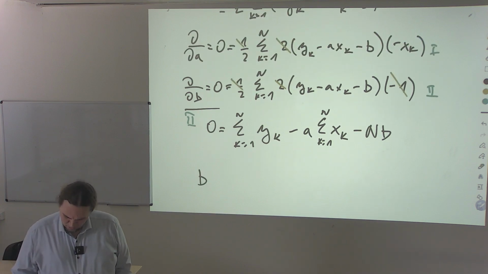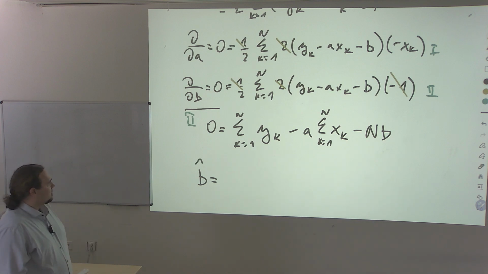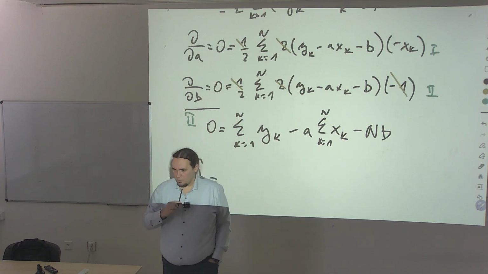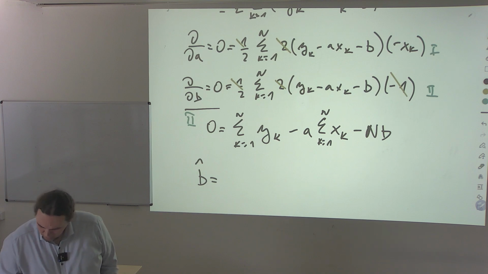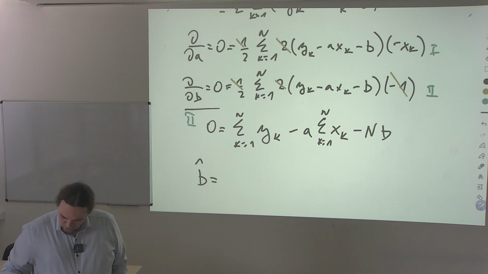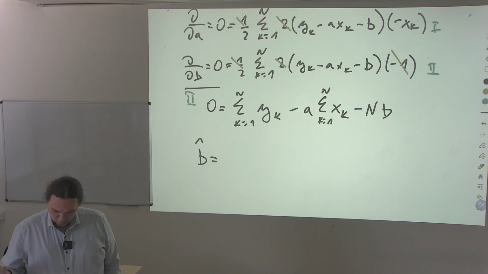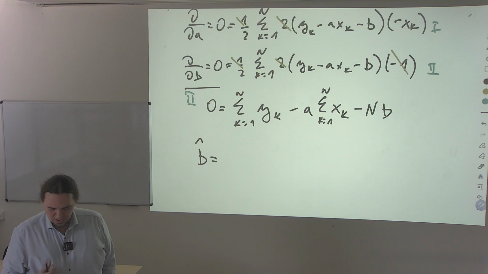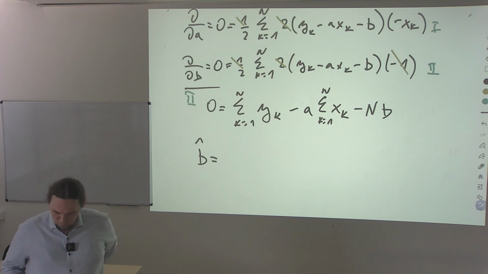Can we already find out what will be our estimate of the b? It's almost separated from our expression. This is n. So let's do that. What do we get? We just take the minus nb to the left hand side, and we divide by n.